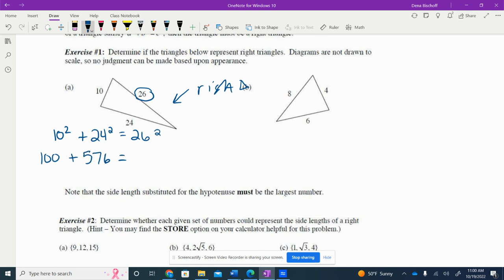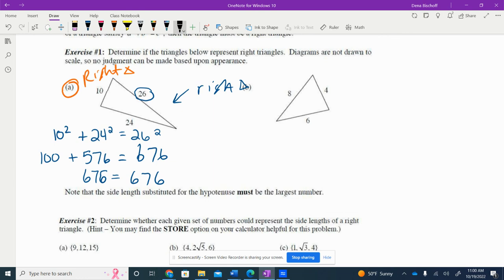And 26 squared is 676. So 100 plus 576 is 676. So these are in fact equal to each other. So this is a right triangle.